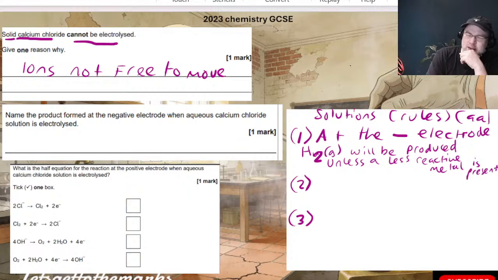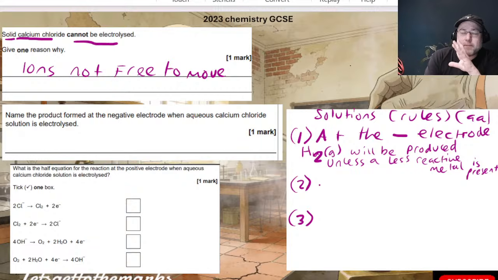If you know your reactivity series, the only two metals below hydrogen in any sensible reactivity series are copper and silver. So the general rule is, if you have a solution, the metal is not being formed, only hydrogen, unless the electrolyte contains copper or silver. You can be pretty sure it's hydrogen coming off unless copper is present.